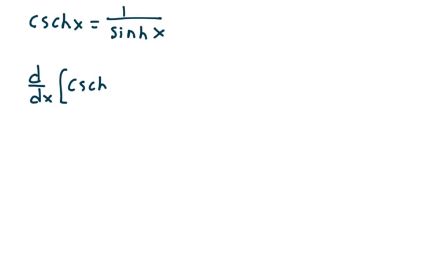Now, hyperbolic cosecant x is the same as 1 divided by sinh x. So when I take the derivative of both sides, I get the derivative of hyperbolic cosecant x is the same as the derivative of 1 over sinh x.